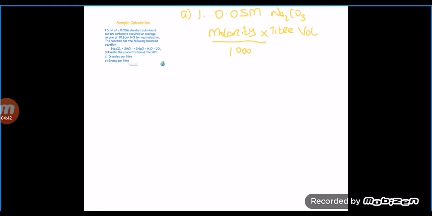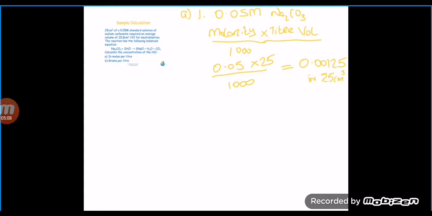If I fill into that, I get 0.05 divided by 1,000, multiplied by 25, because that's how much of the sodium carbonate I have in my titration. That gives me 0.00125 moles, and that's in 25 centimetres cubed.